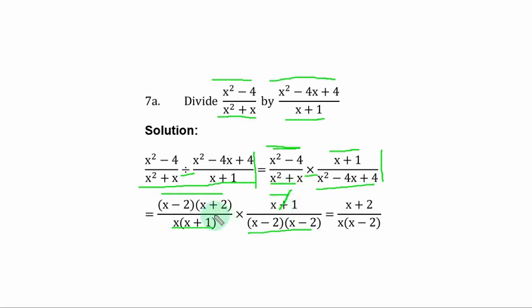S plus 1 will remove s plus 1. S minus 2 removes s minus 2. So you are left with s plus 2 in the numerator and the product of s and s minus 2 in the denominator.